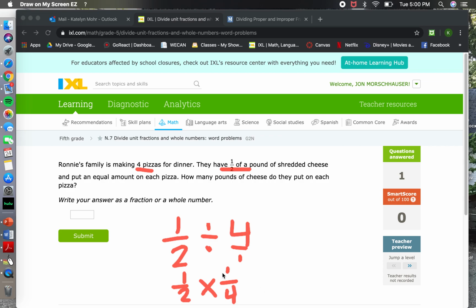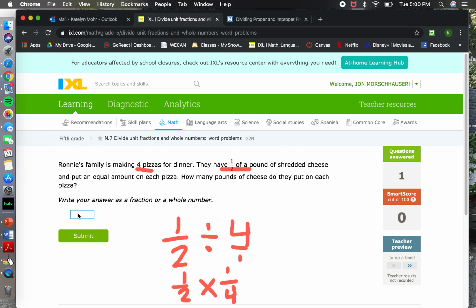So then we know 1/2 times 1/4, we multiply across. 1 times 1 is 1, and 2 times 4 is 8. So we have the answer of 1/8.